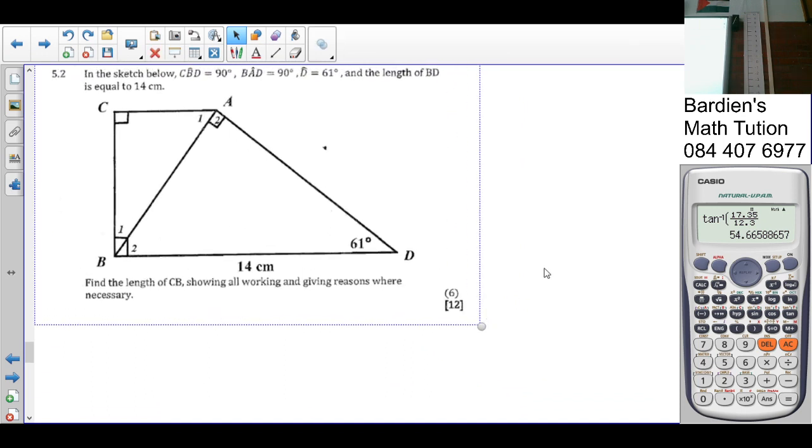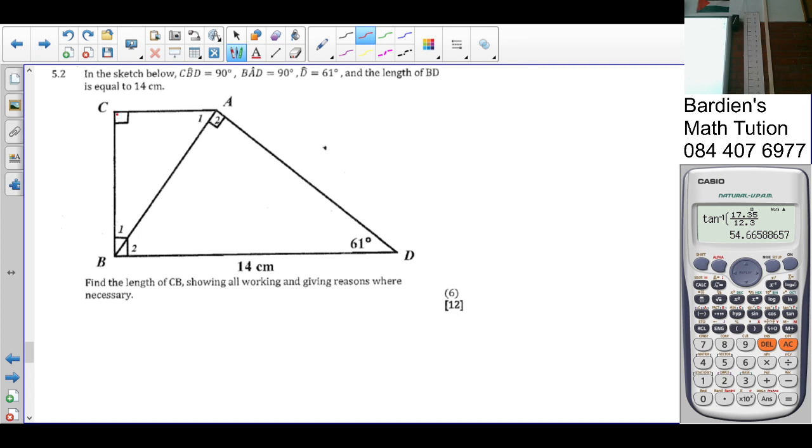In question 5.2, we are told in the sketch below, CBD is 90 degrees. PAD is 90 degrees. And angle D is 61 degrees. They didn't mention that angle C is 90, but it's also given as 90.